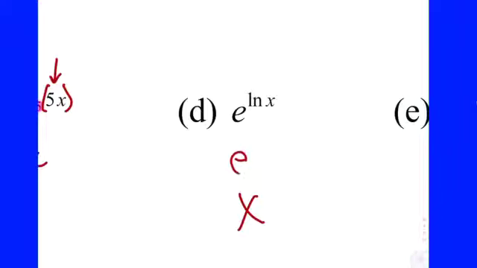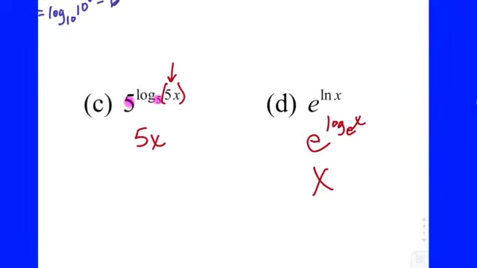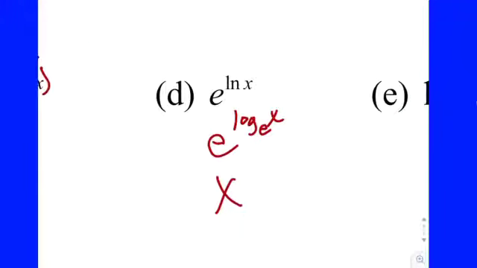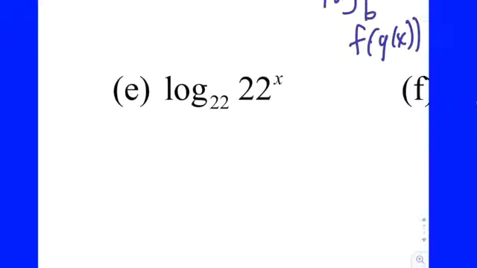Good, because that is really e raised to the log base e of x. Okay, so again, that's the same property we used over here. We're just doing it with base e. And we're going to be using base e quite a bit, so try and get you comfortable with that. Yeah, it's just x. All right, log base 22 of 22 to the x. 1 second. What'd you get? X. Very good. Picking up on things, right?